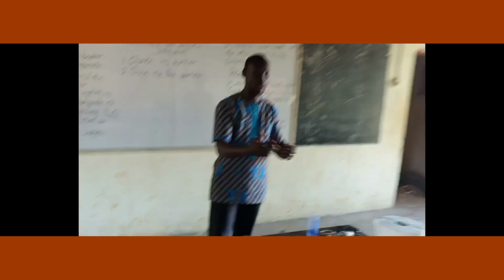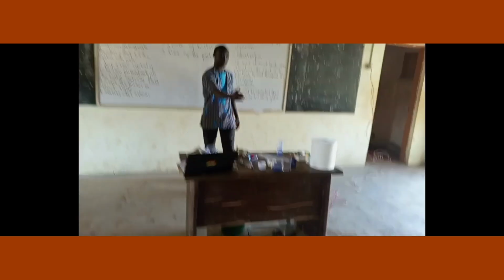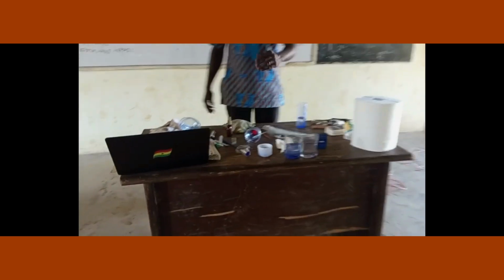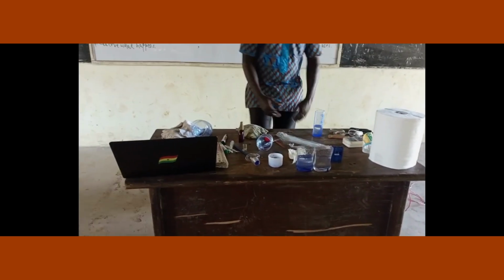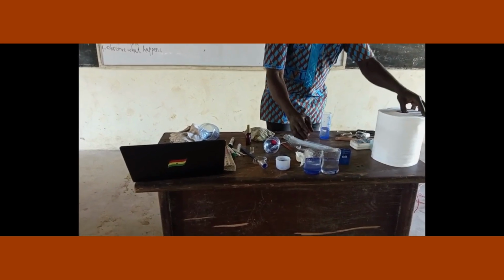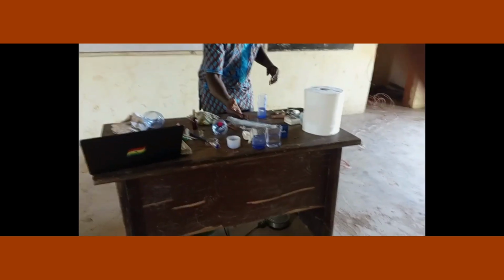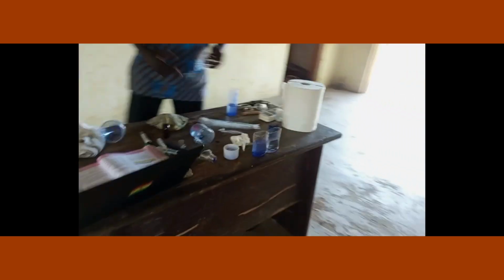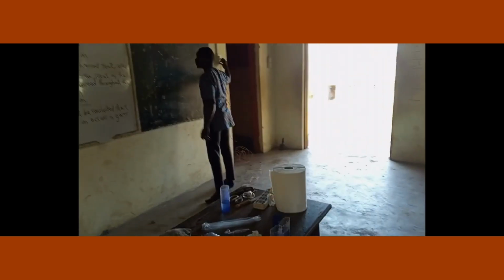Now check. Look at the powdery one on my right and the solid one, the stony one, on my left. You could see the clear difference. Within a few seconds, diffusion has taken place. So that tells us the size of the molecule matters.